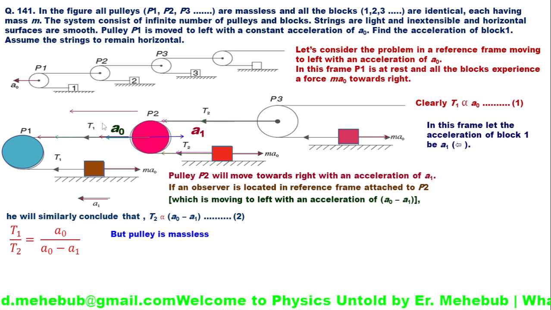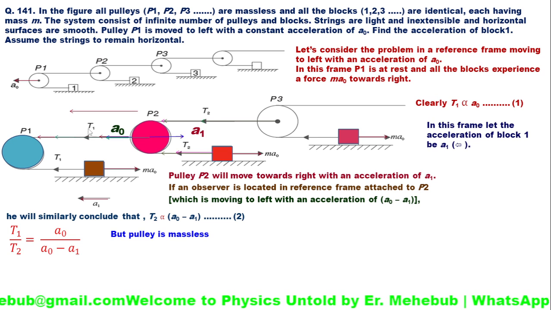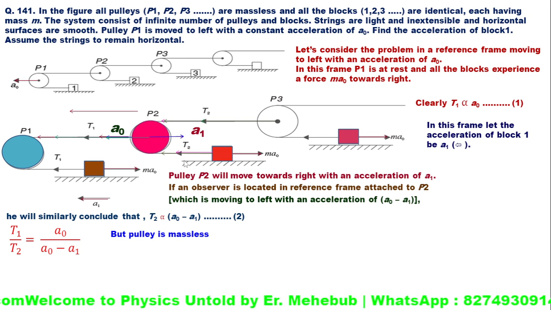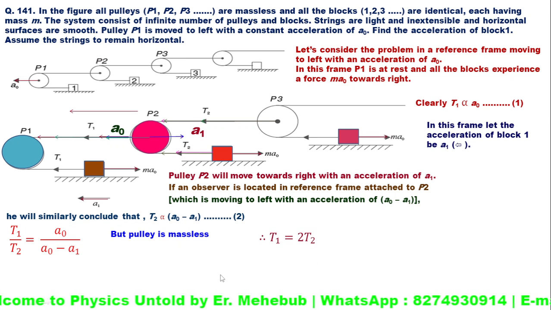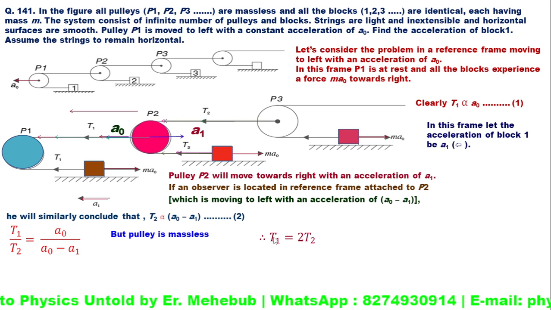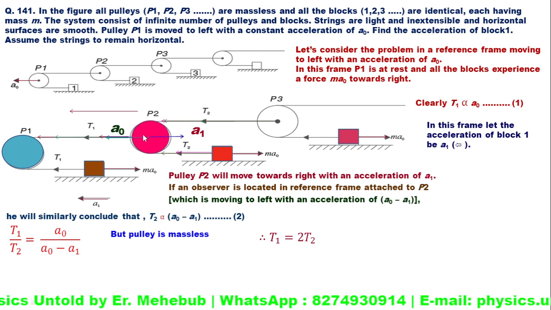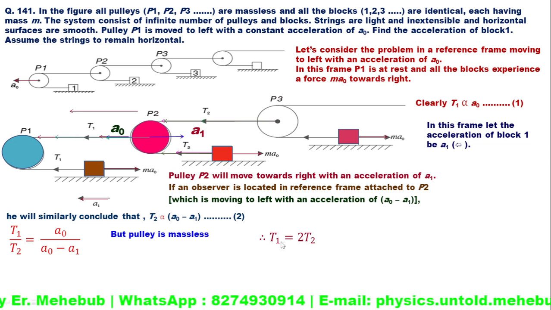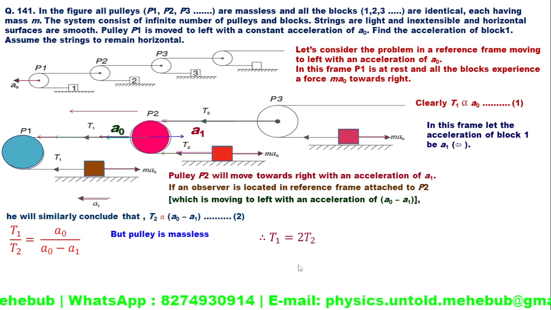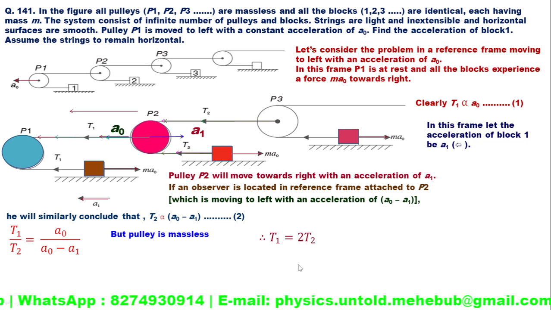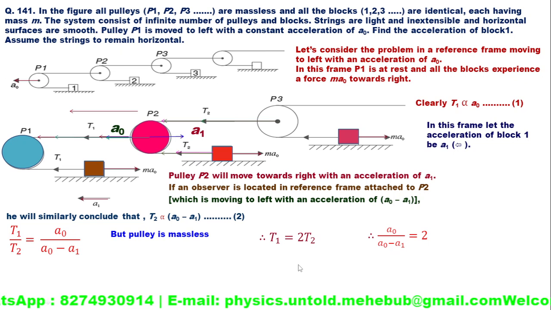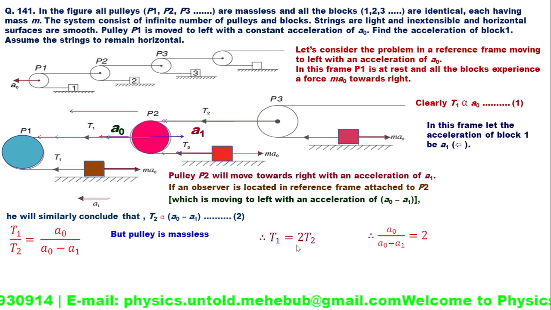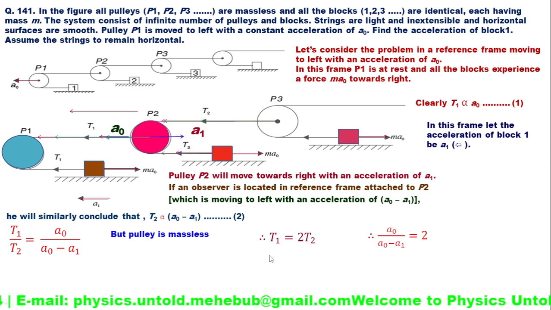So from this segment, this T1 must be equal to the sum of this tension and this tension, that is T2 plus T2, or we can say T1 equals 2 T2. If we calculate this, then we get T1 divided by T2 equal to 2.